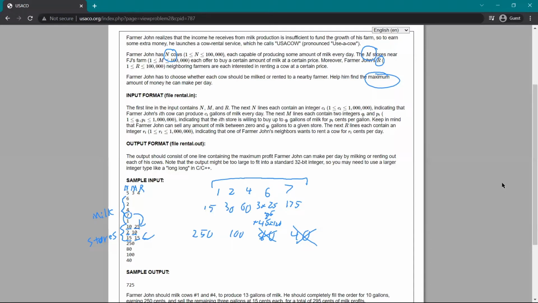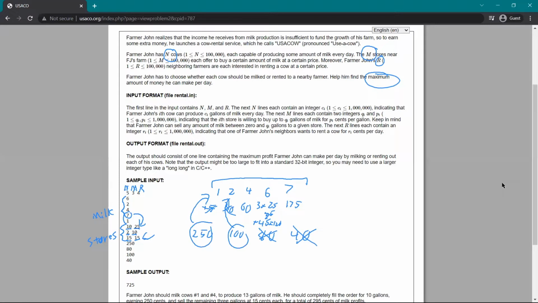If you look here, we can see that 15 and 30 produce very little revenue. So we can get rid of these and assign these two to these cows so that we don't lose money by renting out cows that produce more milk to other farmers.